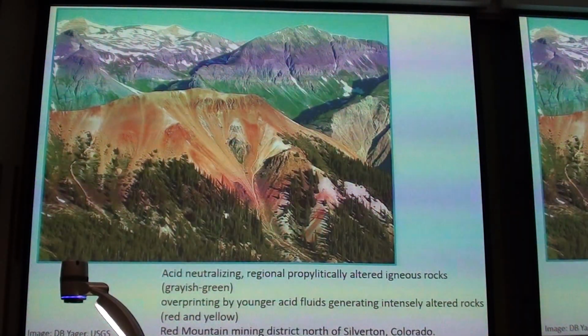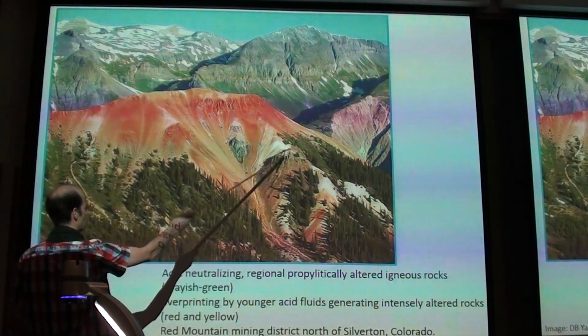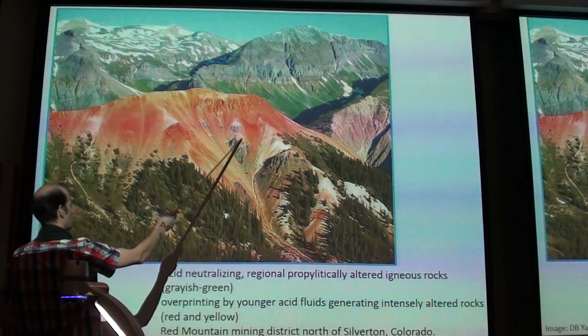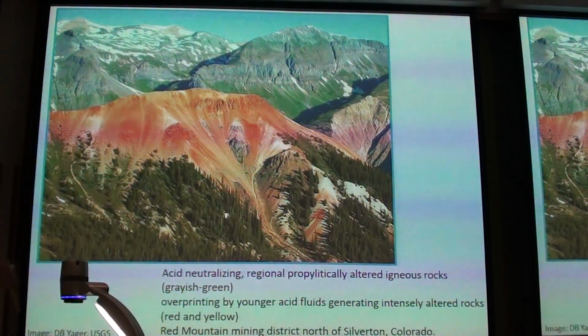And alteration can lead to some spectacular landscapes, where we have here propylitically altered igneous rock, which is capped by acid-leached rock in Colorado. The place is called Silverton, probably because there were mines.